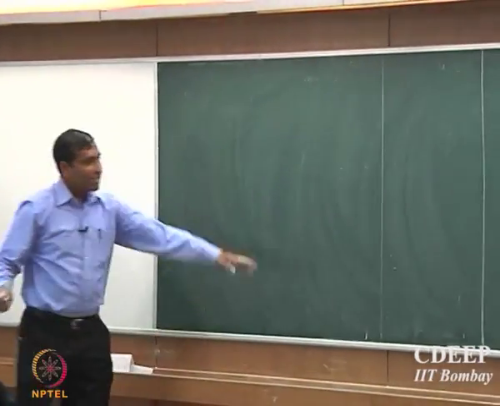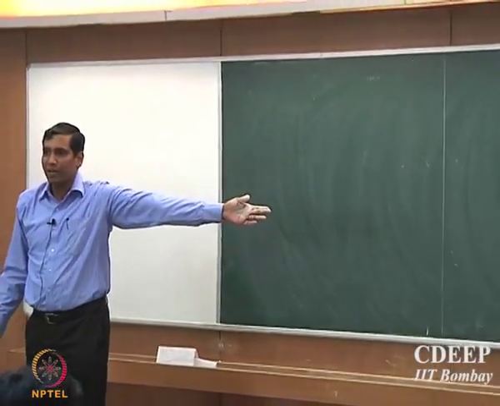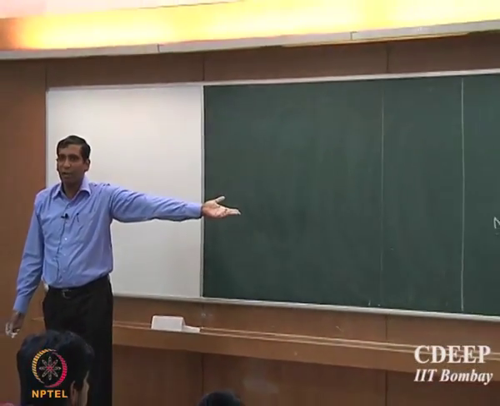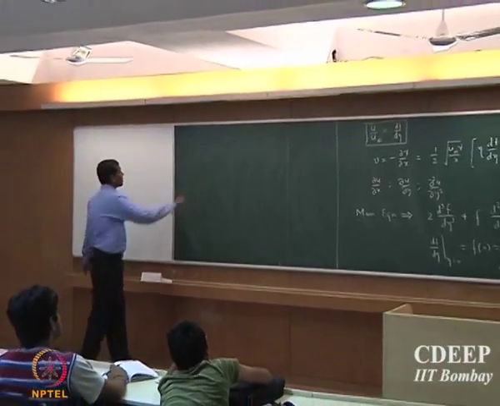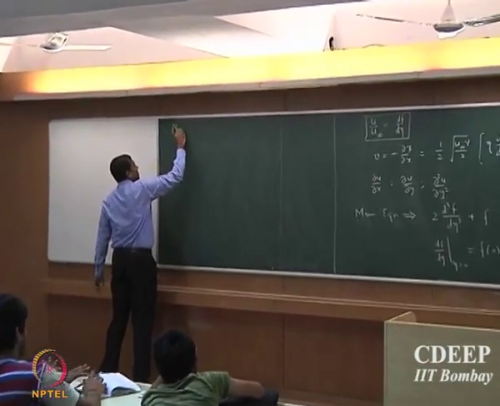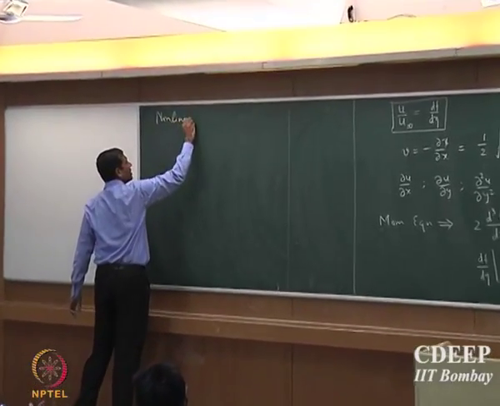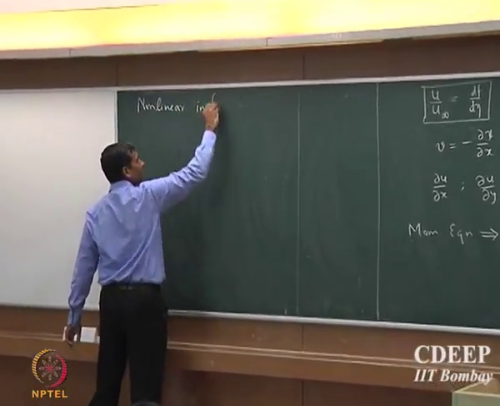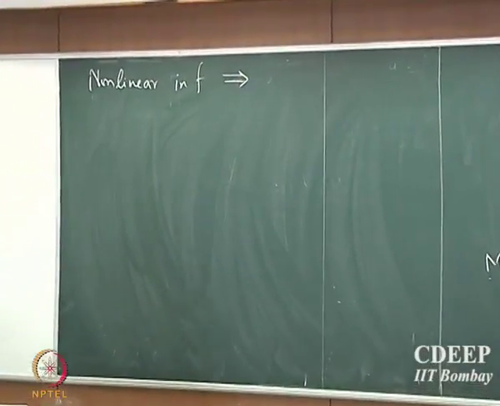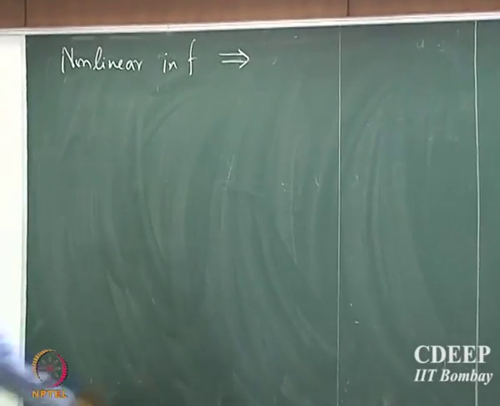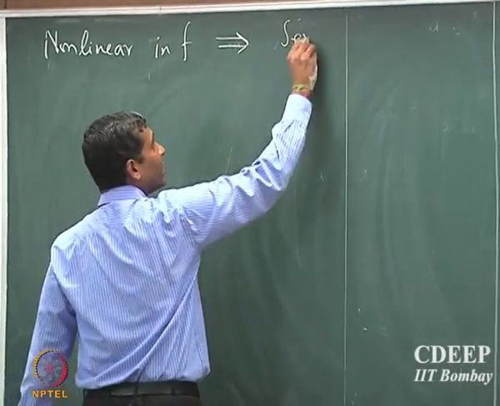Of course, it is non-linear. That's not a linear equation, and it's not a surprise, since we are not going to get a linear equation from a non-linear equation anyway. It's non-linear in f. These days you would be tempted to solve it numerically, but what Blasius did was use a series solution.